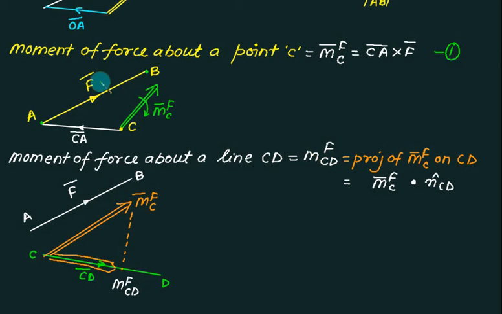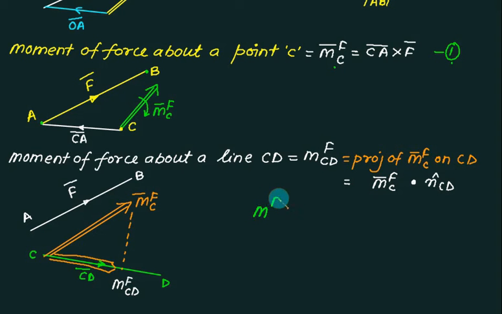So whenever you have to find the moment of force about CD, carry out step number 1 first, that is, find the moment of force about C. Once you find this vector, take its projection on CD by carrying out the dot product. So your answer is this. How do you quickly remember this?